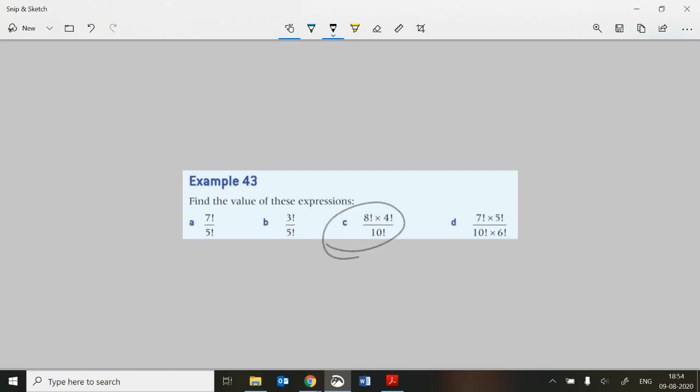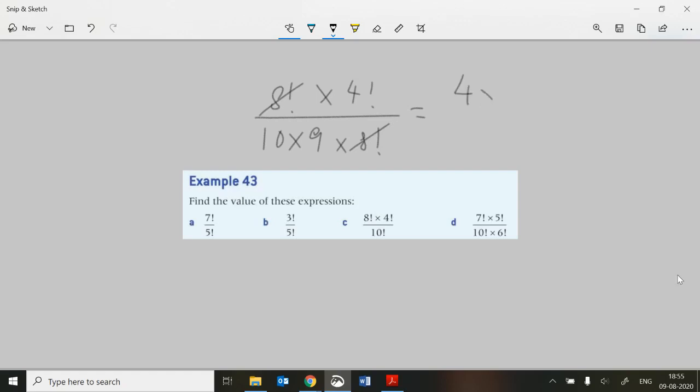Okay, so when we're looking at this one, 8 factorial times 4 factorial, we can still look for the things which cancel. So again, we've got 10 times 9 and then times 8 factorial on the bottom. We have 8 factorial on the top times 4 factorial. This and this can cancel. And then we can think about what else we can cancel, times by 10 times 9.